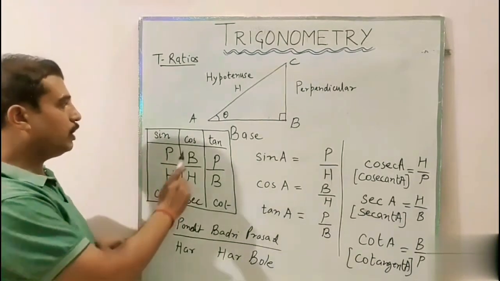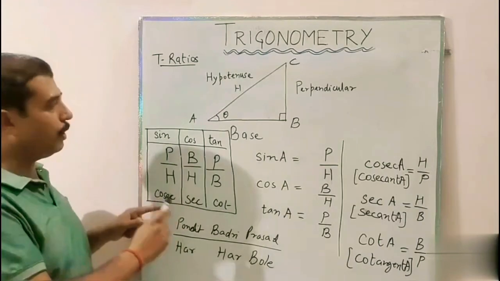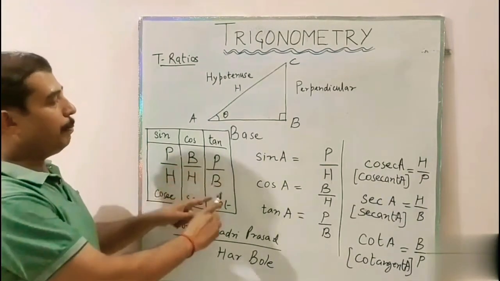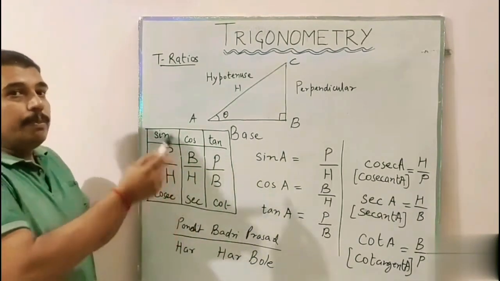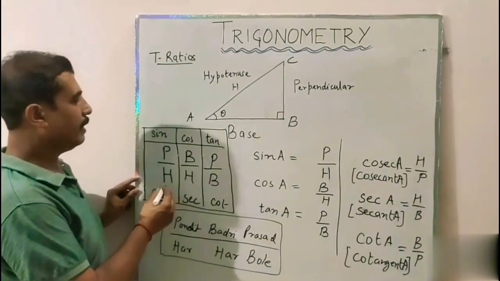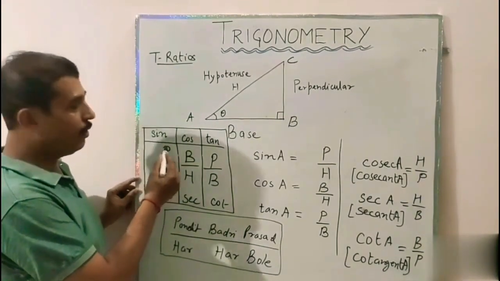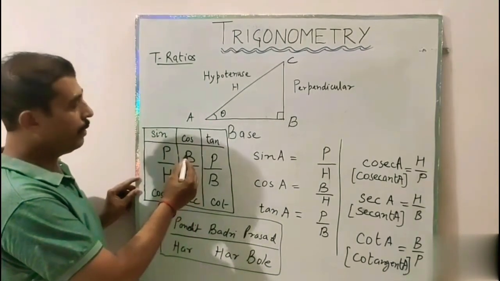P upon H, B upon H, P upon B. P upon H, perpendicular upon hypotenuse. B upon H, base upon hypotenuse. P upon B, that is perpendicular upon base. Then the reciprocal functions: cosec theta, cosec of that angle, hypotenuse upon perpendicular. Sec theta, hypotenuse upon base.